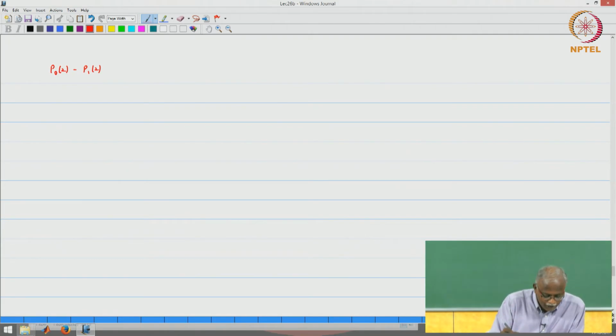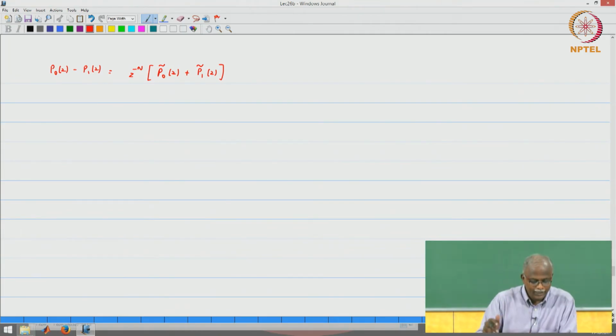This is equal to, we showed the expression z power minus n p naught tilde of z plus p1 tilde of z. Okay. So, p naught plus p1, you can take a tilde of the entire expression. So, this will be equal to alpha times z power minus n, whatever was there in the expression for p naught of z plus p1 of z, you have to take the conjugate of that.